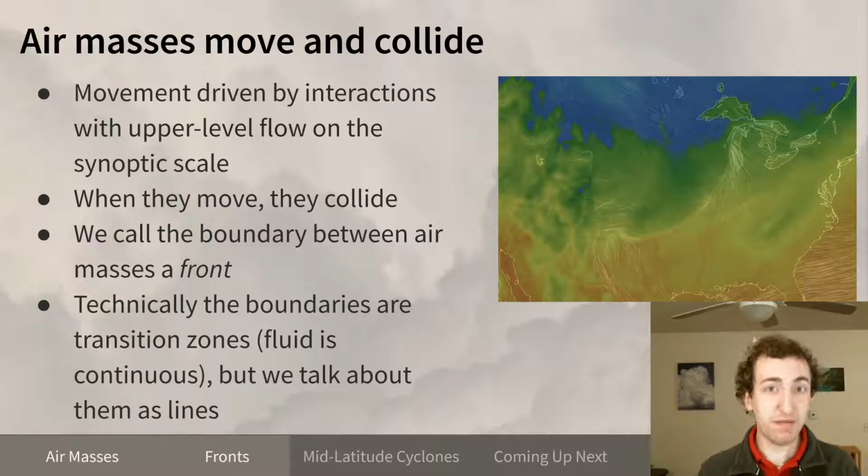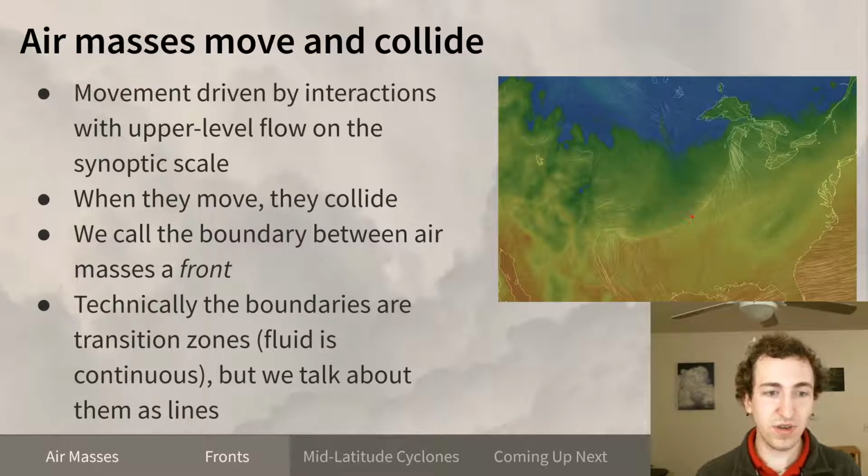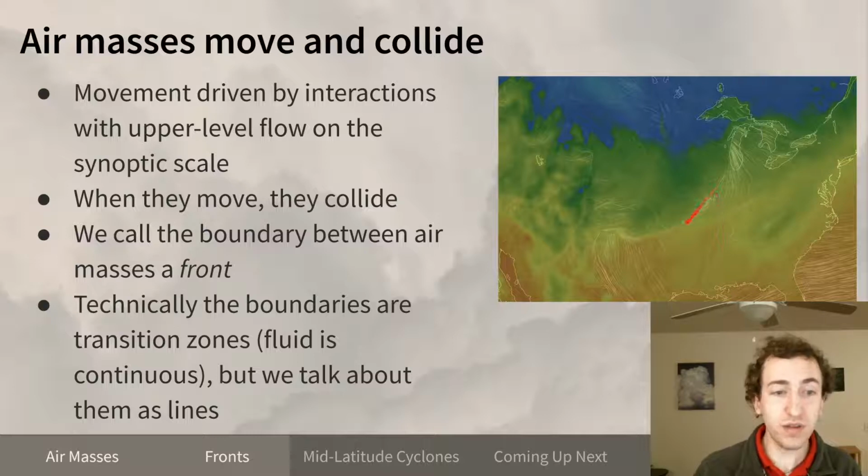But because the zones of transition are so narrow in their width compared to their lengths, it's really useful to talk about them as lines. And it's a pretty good approximation when we're looking at things on the scale of the US.